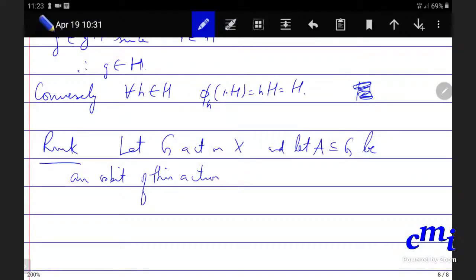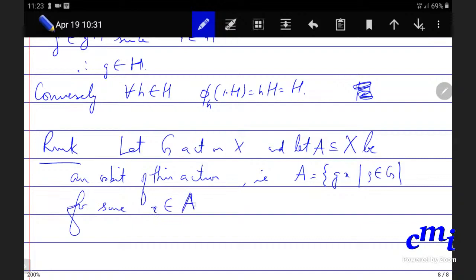So A is the set gx, g inside G, for some x inside A. It is an orbit of this action.